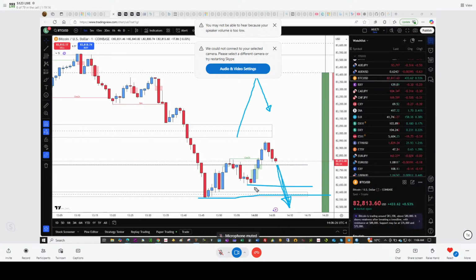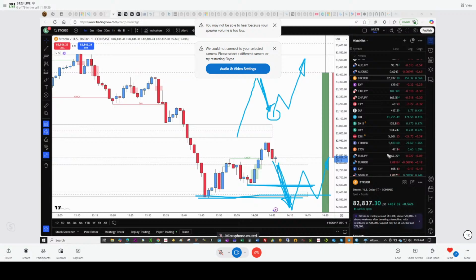This move down to take out these lows would be in line with this move down for the index. And then we'd be looking for a 1, 2, 3 here to go back up on Bitcoin, and a 1, 2, 3 here on NAS to continue back up. So they're kind of in tandem, but in different areas.